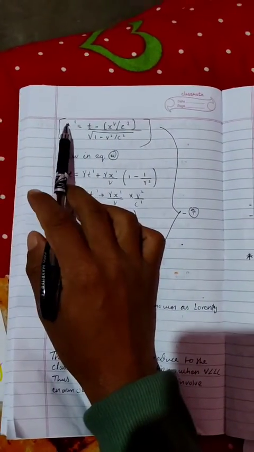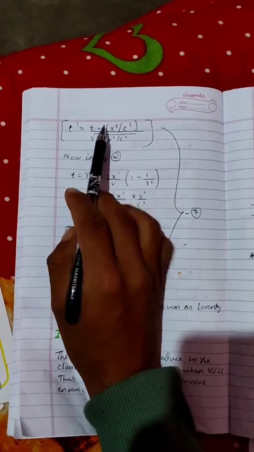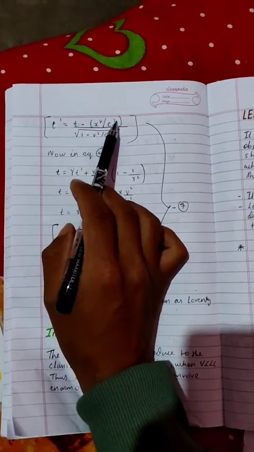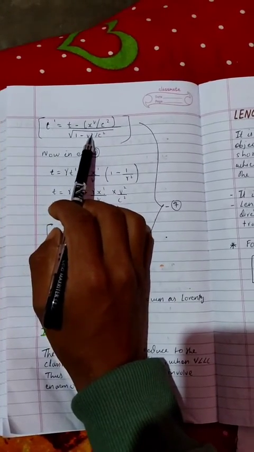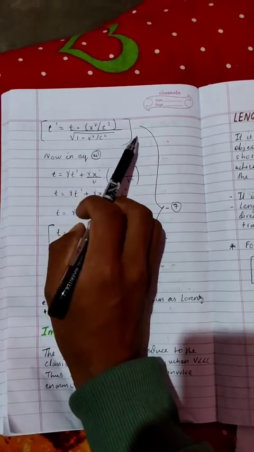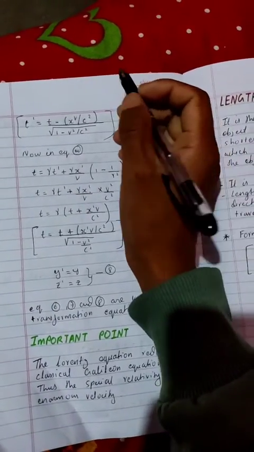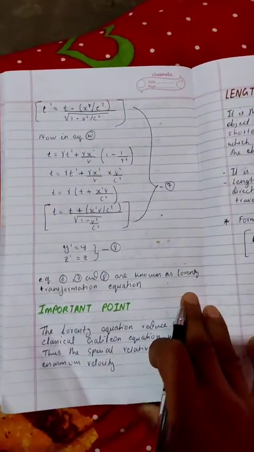So we got t prime also: t prime equals (t minus x v by c square) divided by root 1 minus v square by c square. Actually this is x prime.